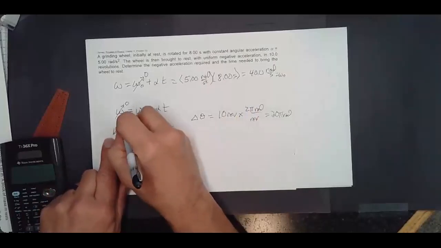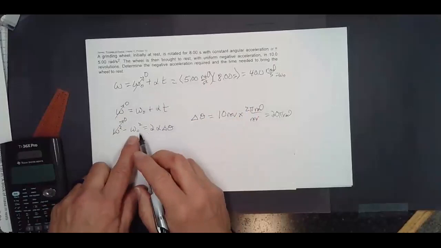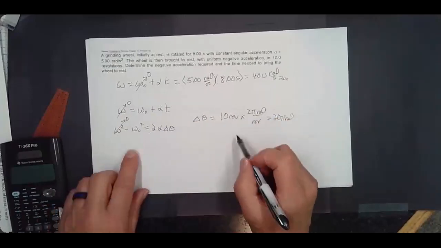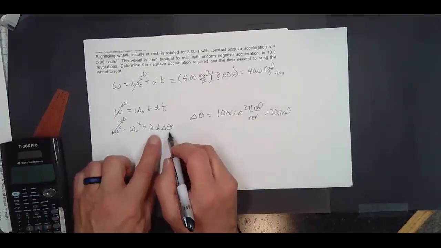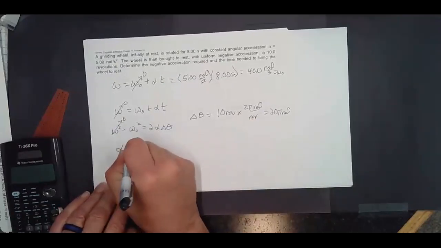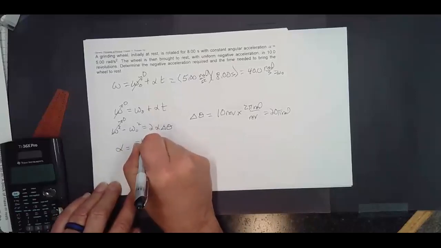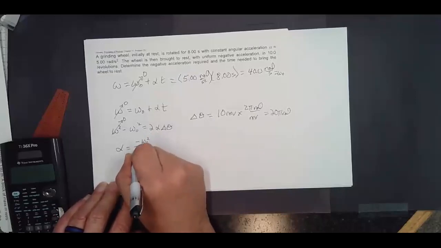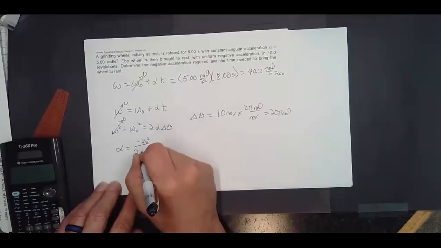Omega is 0 at the end, and omega naught was 40 radians per second. So I'm just solving for alpha now. Alpha is going to be minus omega naught squared over 2 delta theta, got the 2 this time.